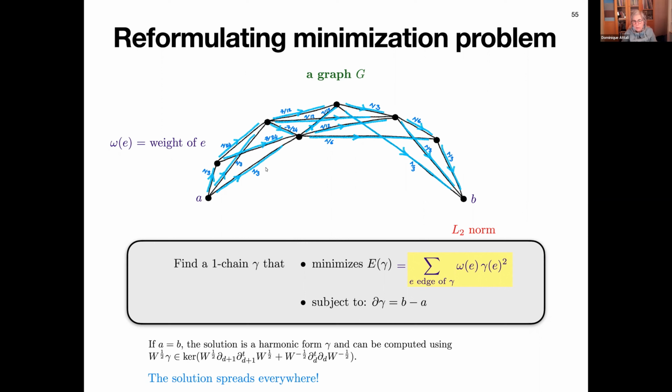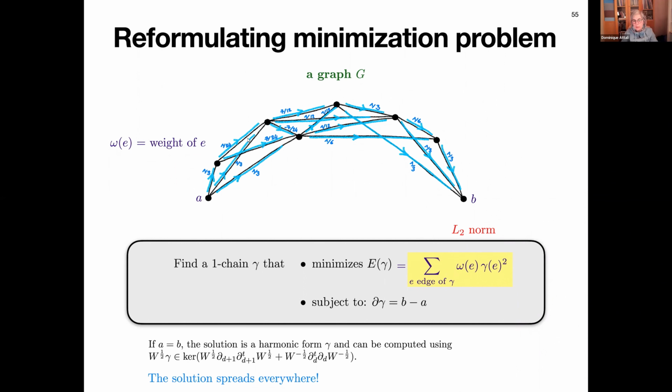So on every edge, you will have a small part of the one chain passing through with a small coordinate. And so to compute the path, that's not a good idea, because you don't have a path; actually, it goes everywhere.